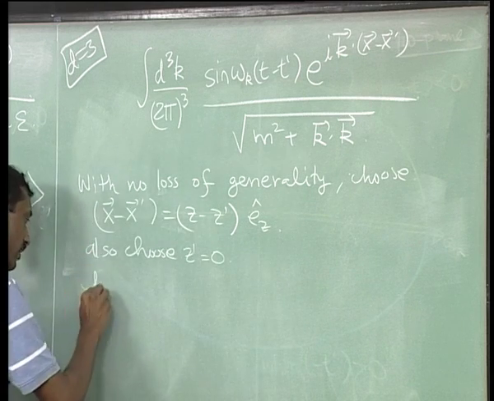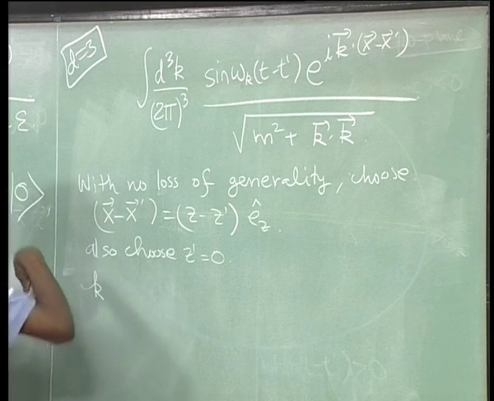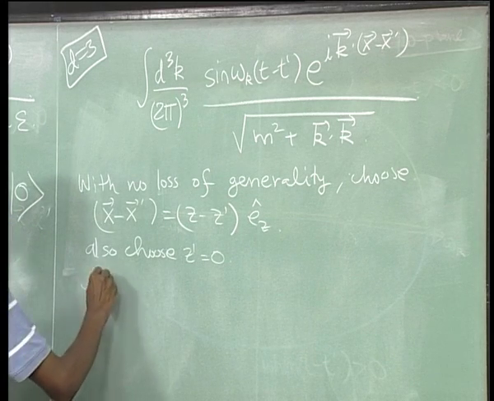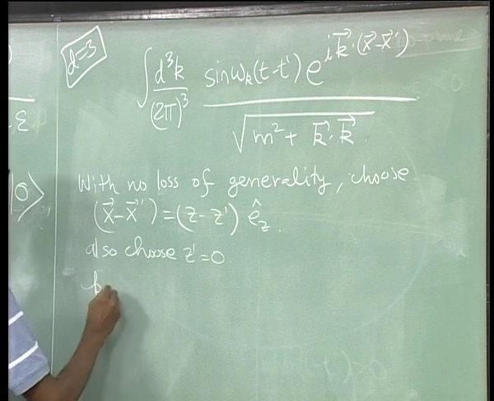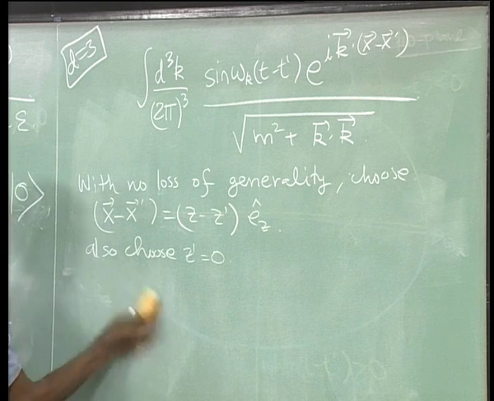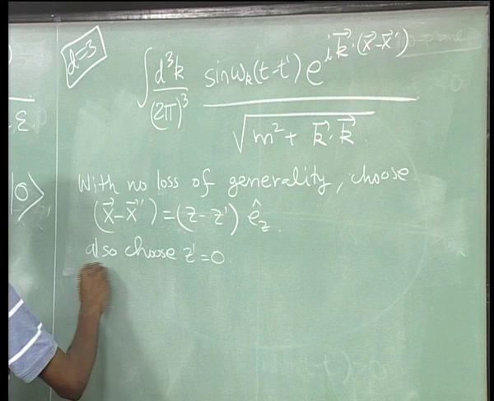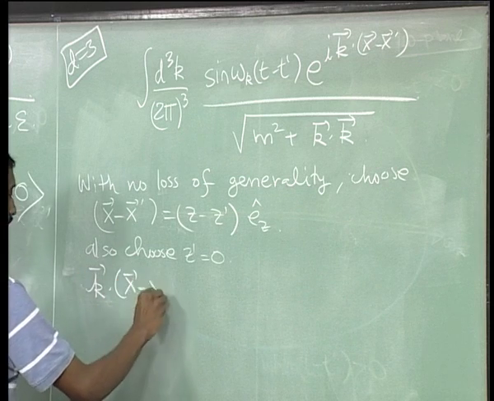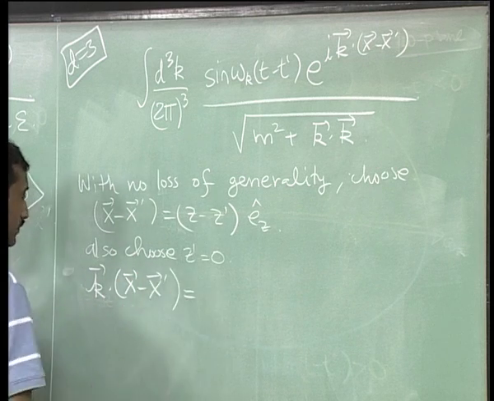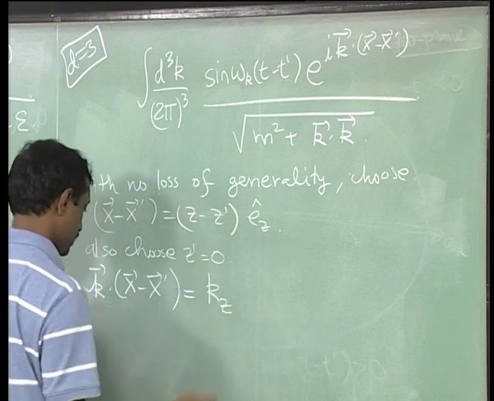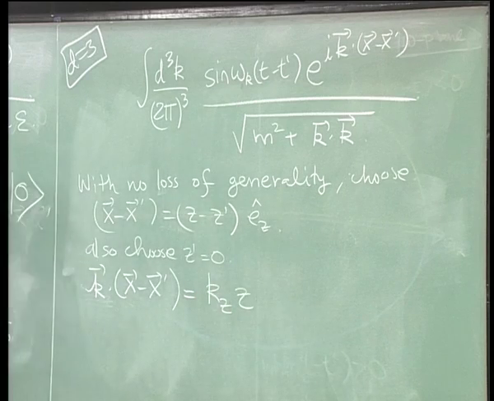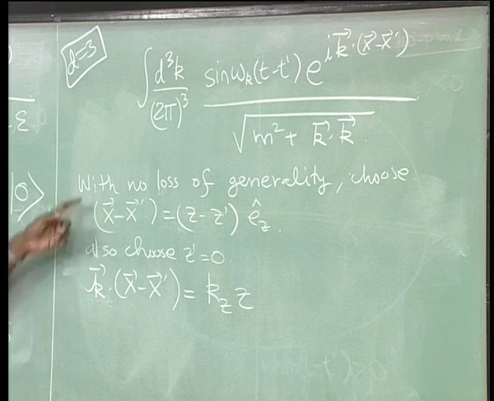So, what we see here is that k dot x minus x prime is k z times z, after I do these two things.